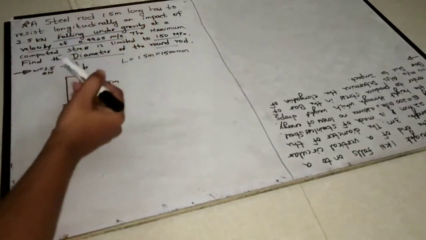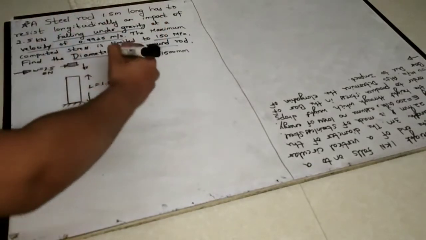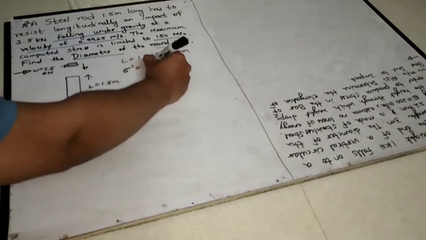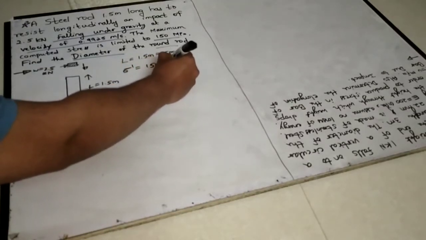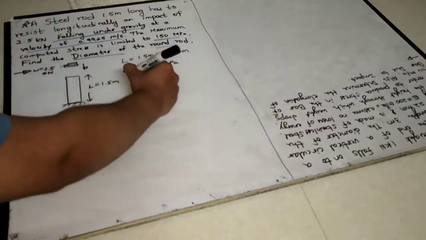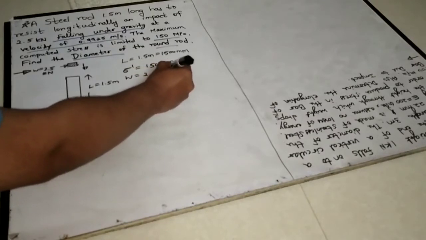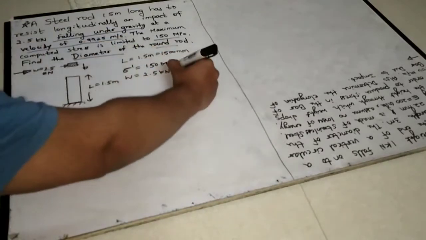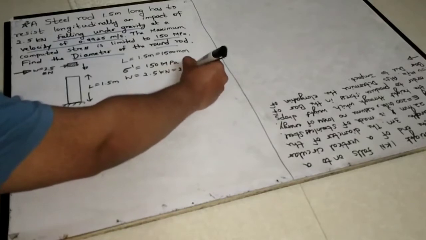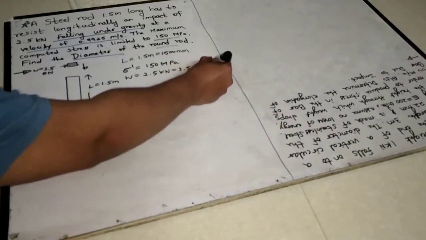So that stress is nothing but 150. So you know what is the symbol? Sigma dash is equal to 150 MPa. And W weight is equal to 2.5 kilonewton, that is also given. So 2.5 into 10 raised to 3 newtons. Correct?